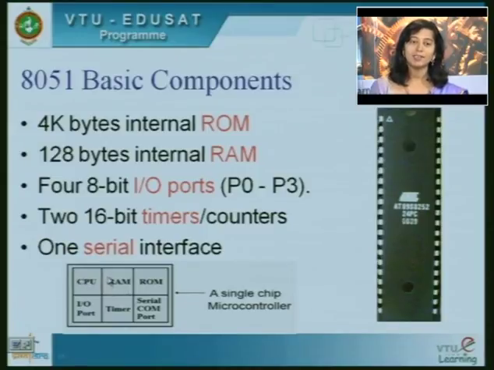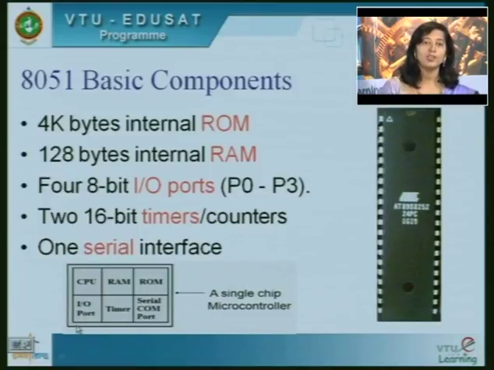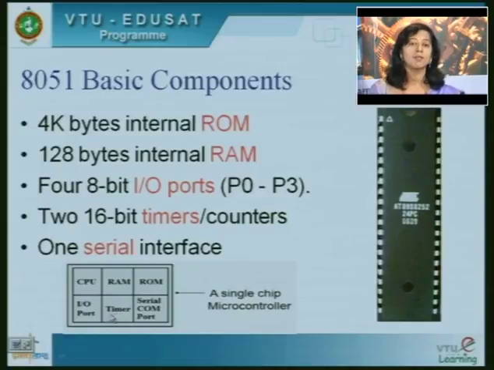A random access memory for temporary data storage, read-only memory to store the instructions or programs, then the input-output ports where we can give some input and take the output response, timer or delay circuits, counters to have a delayed response or to wait for some time, then serial communication through the COM ports.